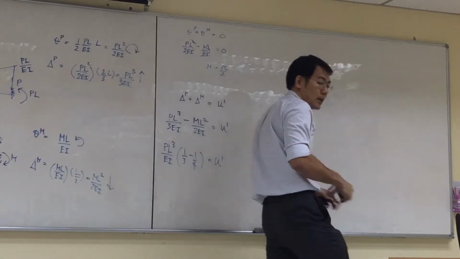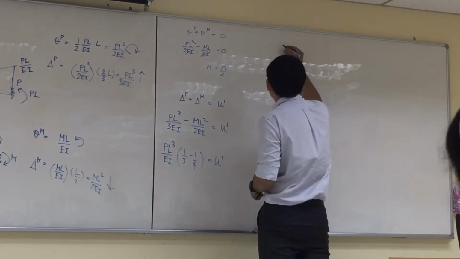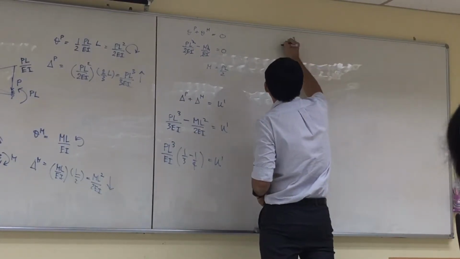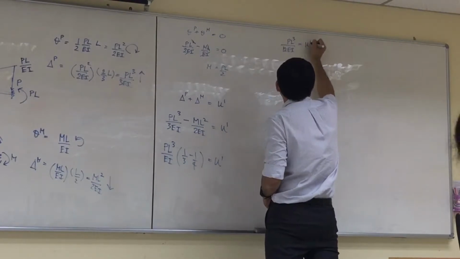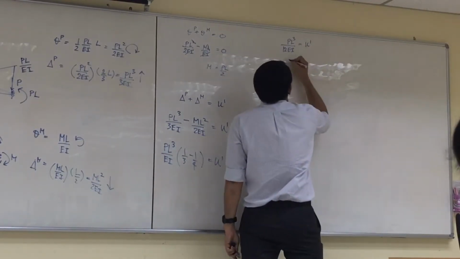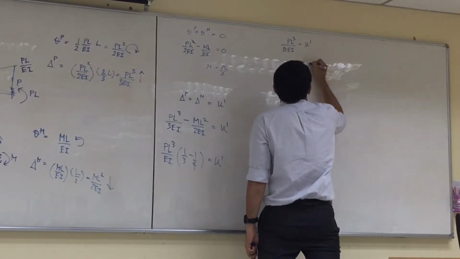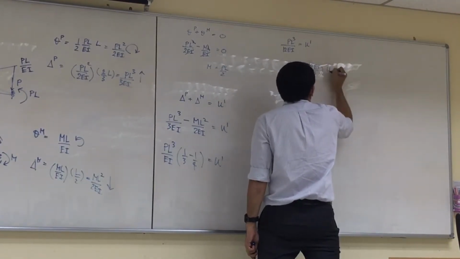So finally, you will have PL cubed over 12 EI equals to U1. Or P is equal to 12 EI over L cubed multiplied by U1.